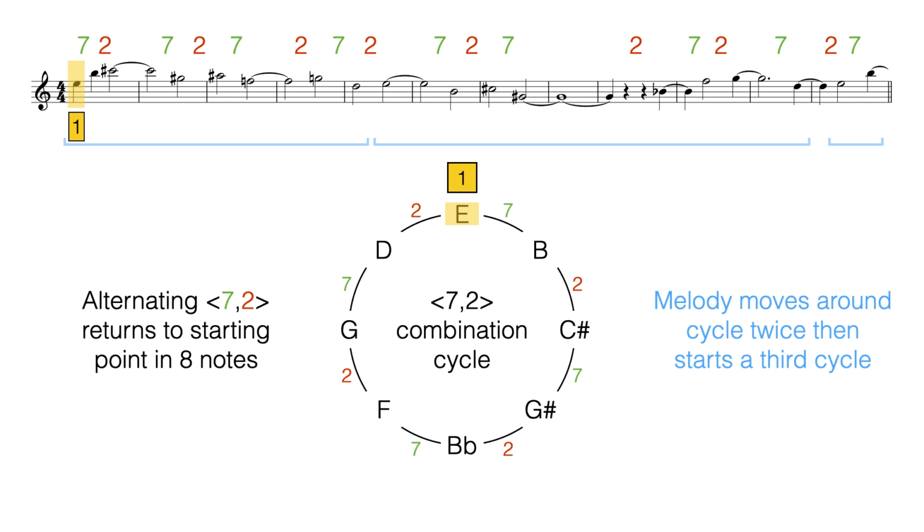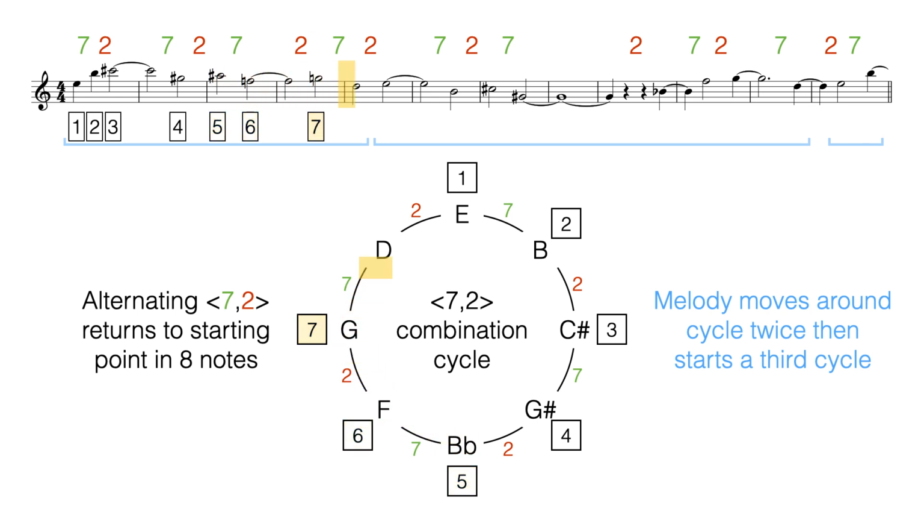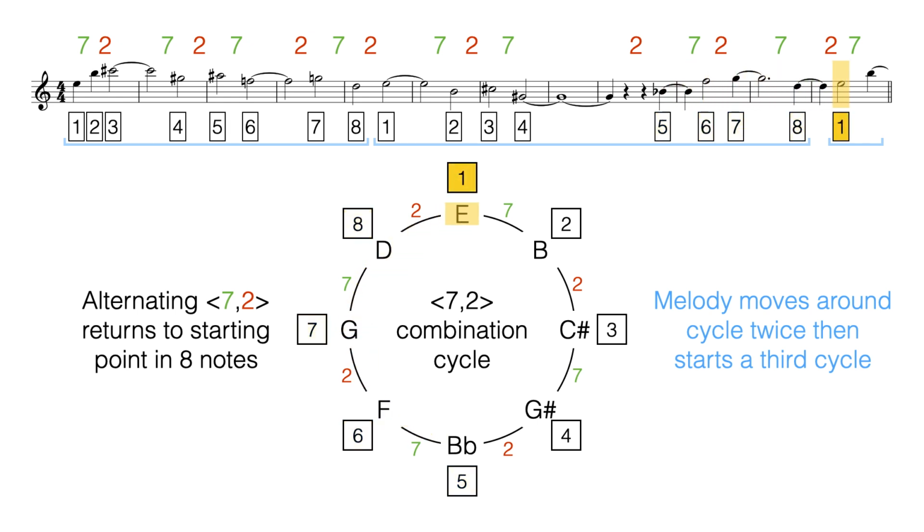Start on E, then go around the cycle until you're back on E, repeat the same cycle again until you're back on E, then one more note, B, as though the cycle were starting for a third time.